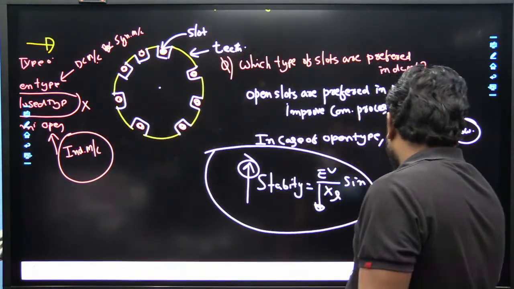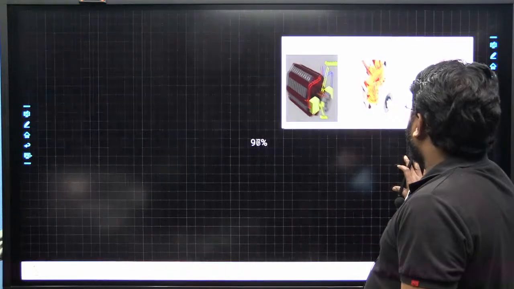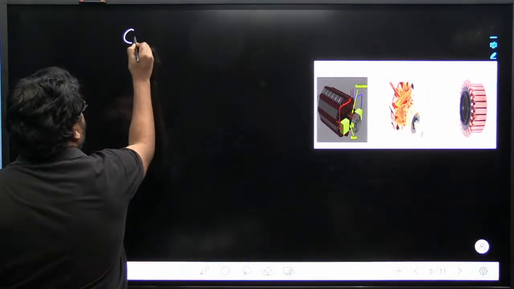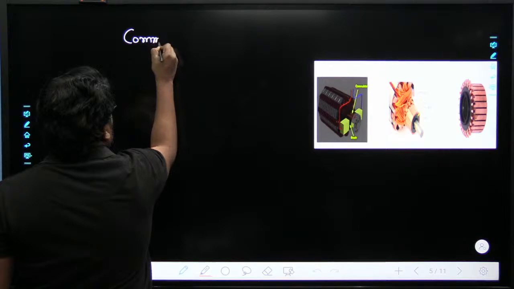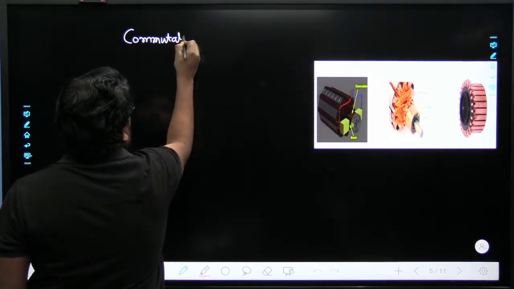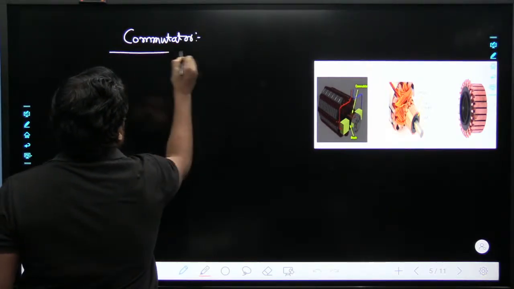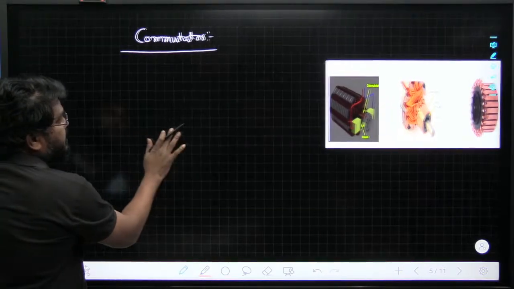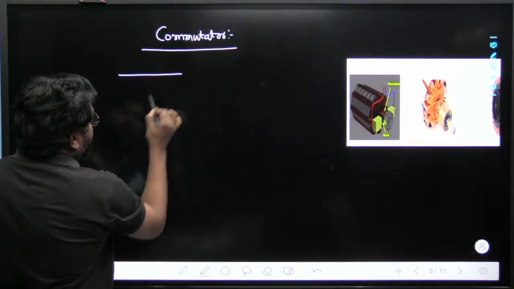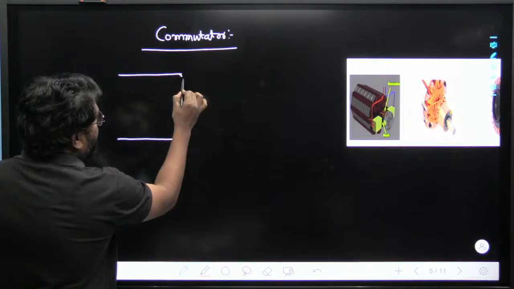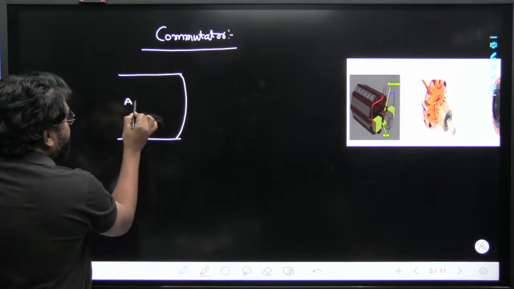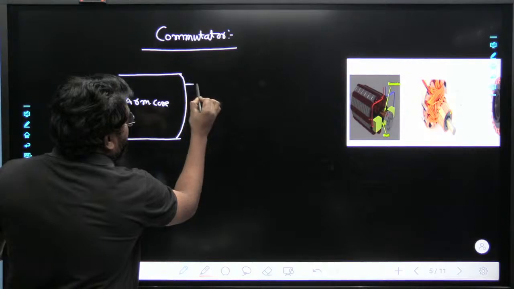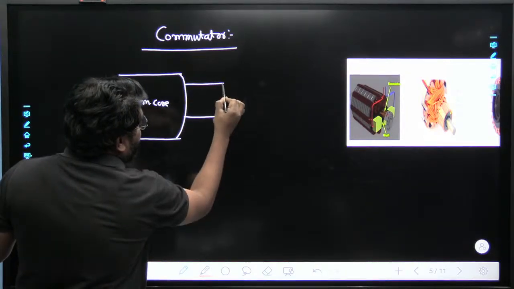Next, another part, the fourth one here, is the commutator. Listen. The commutator structure: initially there is an armature core, like this. Next, the commutator is provided like this.